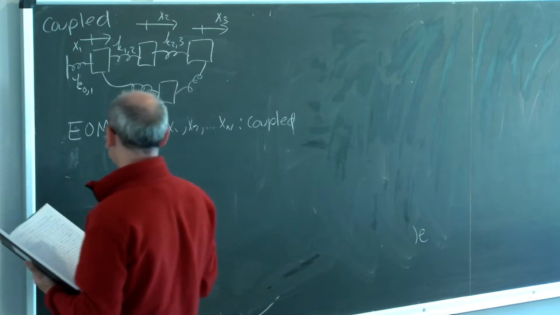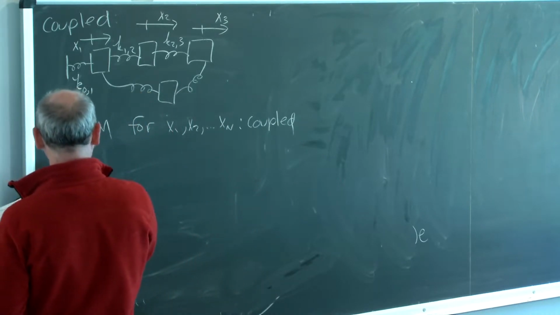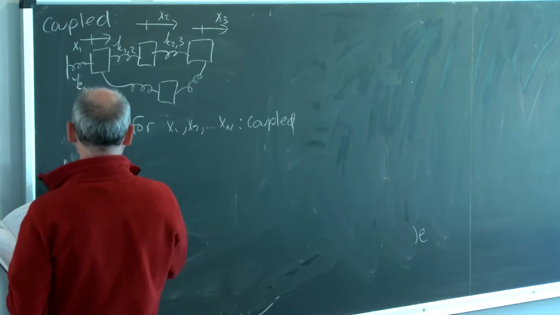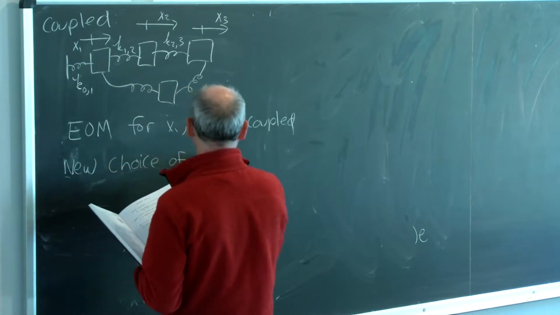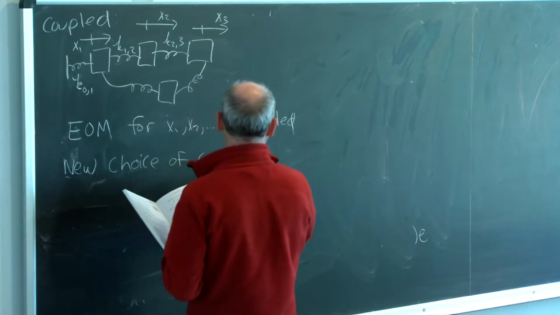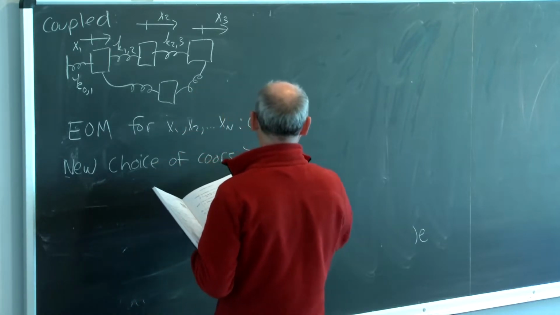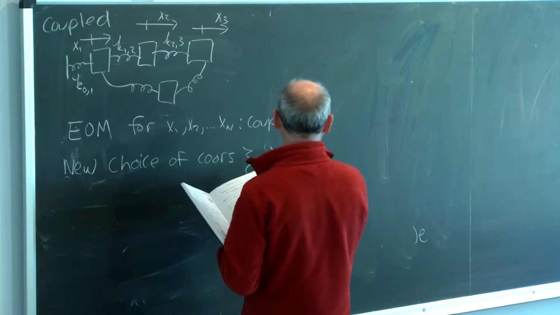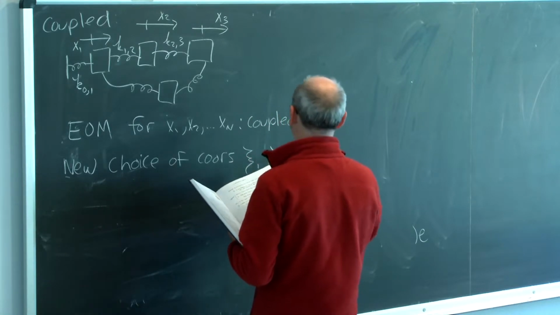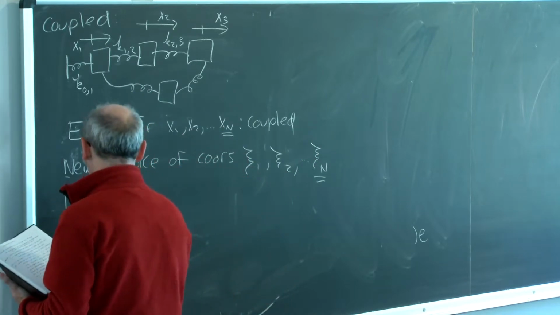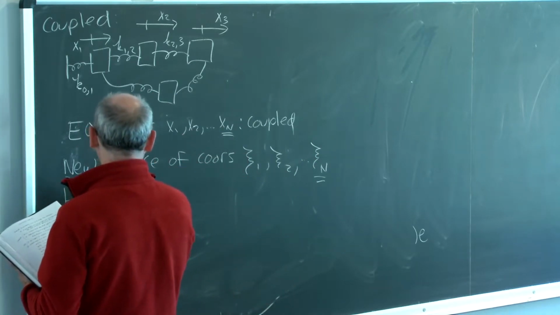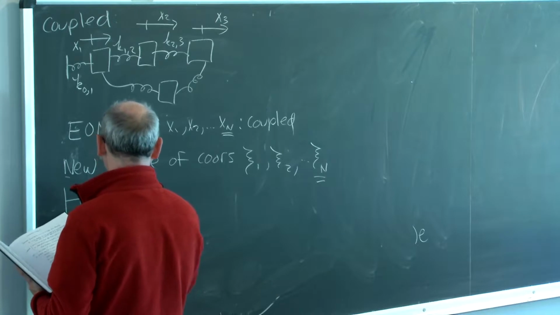There is another set of coordinates which we could call psi 1, 2, etc., all the way up to the same number, which fully describe the system in terms of a set of uncoupled oscillators.